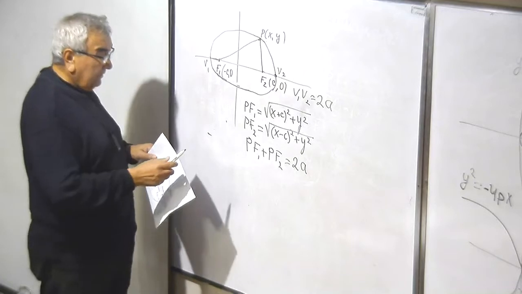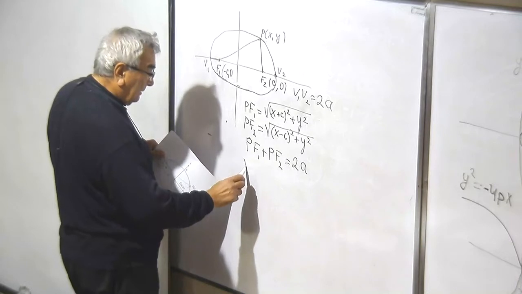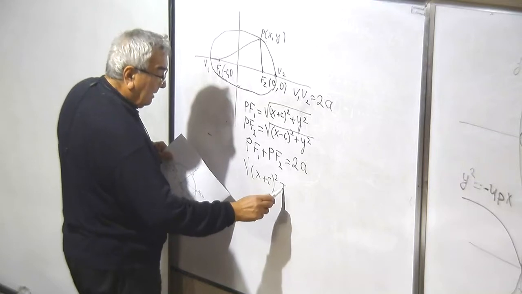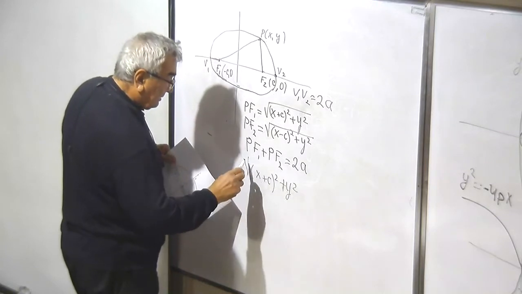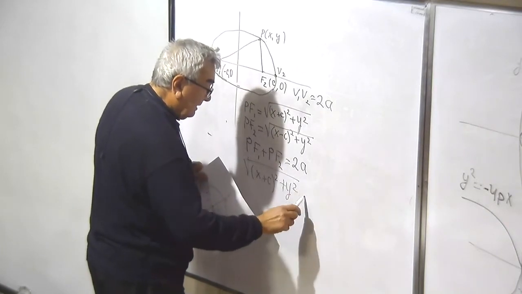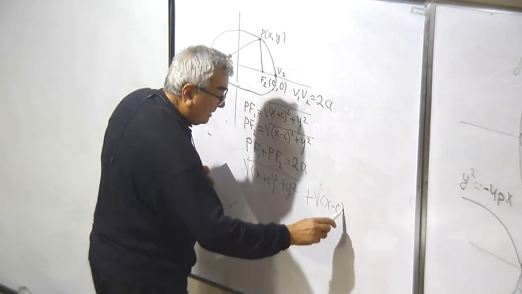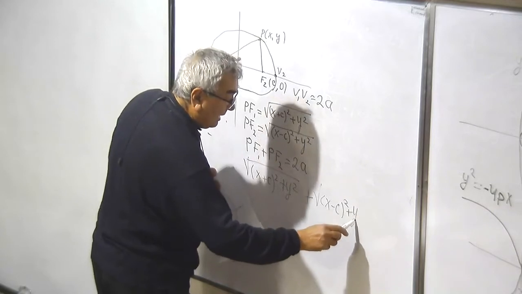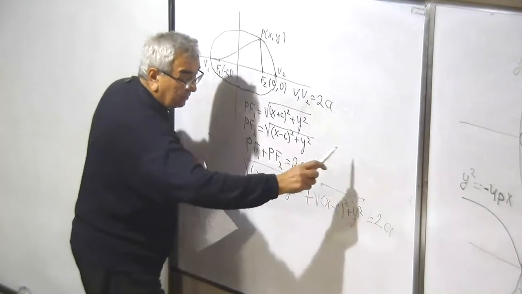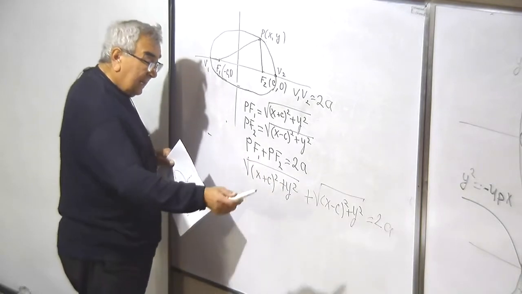So again, equating these to each other, you receive the following equation: square root of (x plus c) square plus y square, plus square root of (x minus c) square plus y square, should be equal to 2a. Again, this term you take to the right side, then take the square from both sides, then simplify.